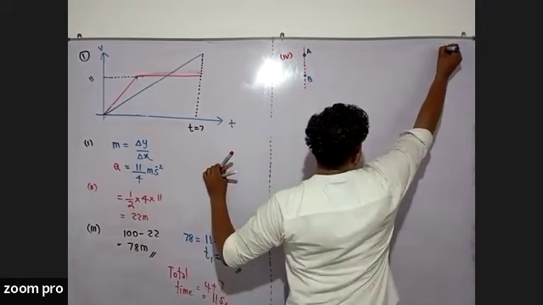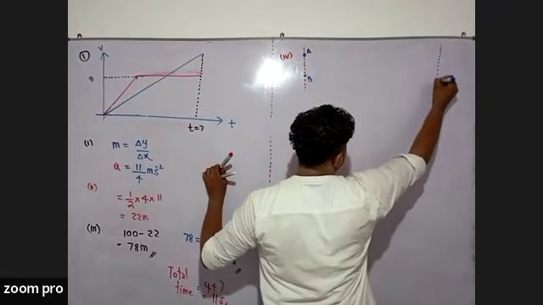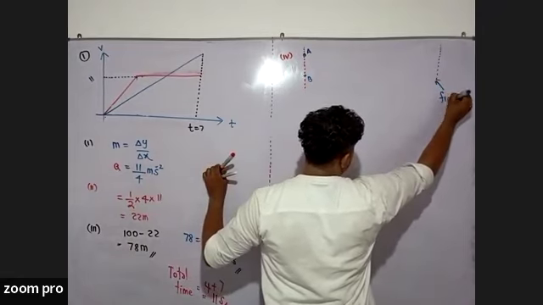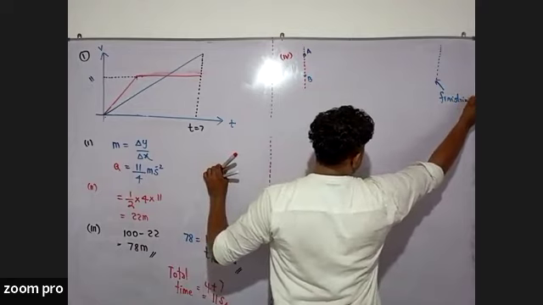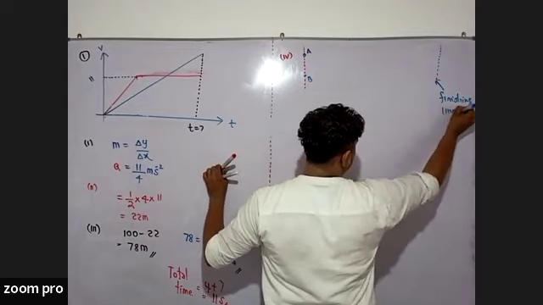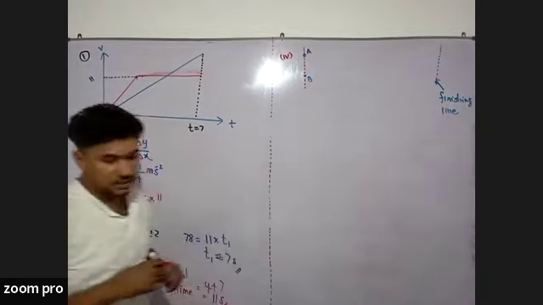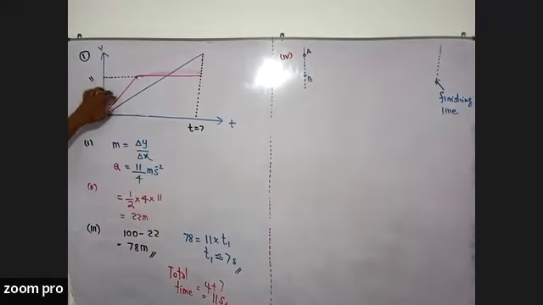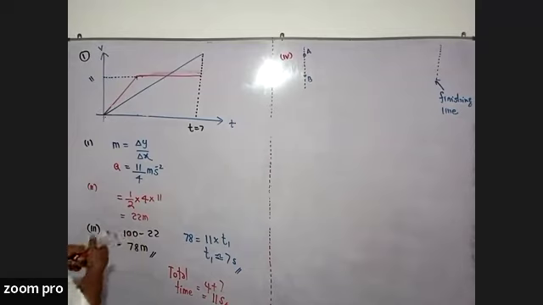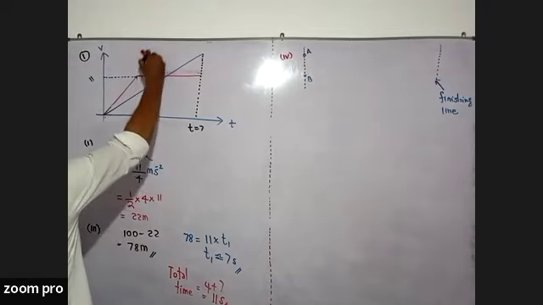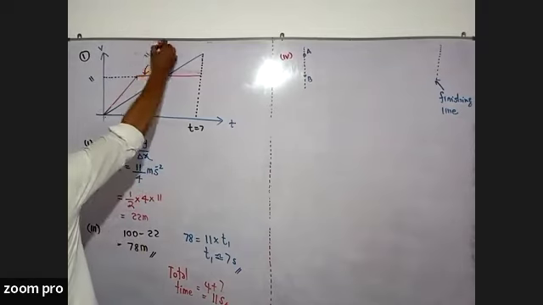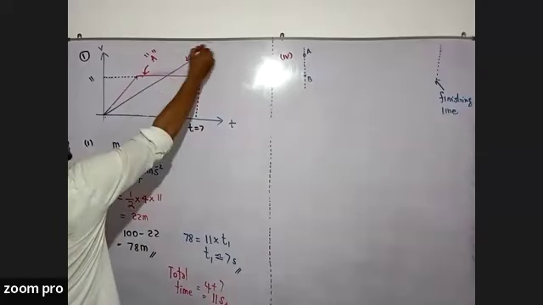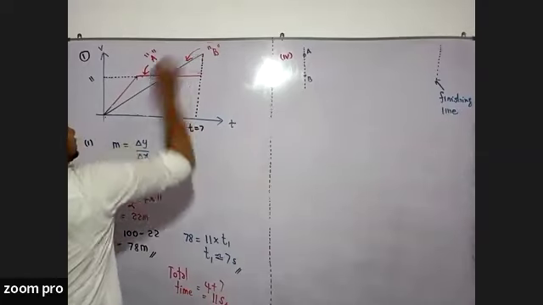Let's assume this is the finishing line, right? So you can figure out that this represents the graph for the A person. This one represents the graph for B person, right?